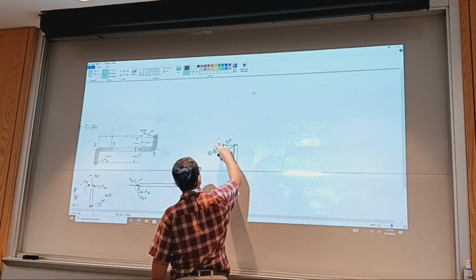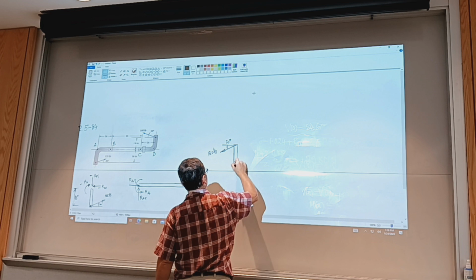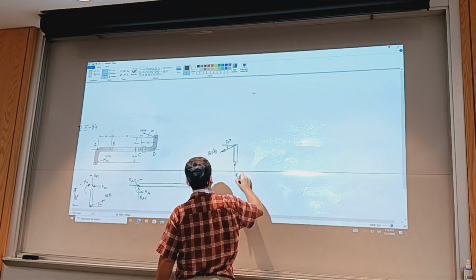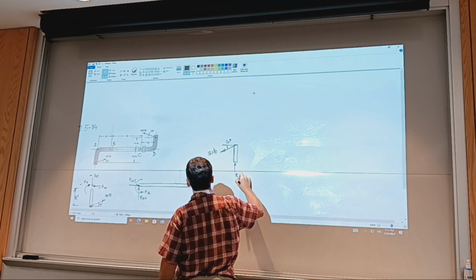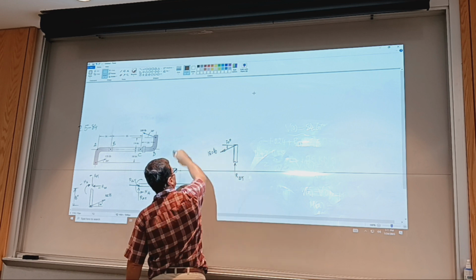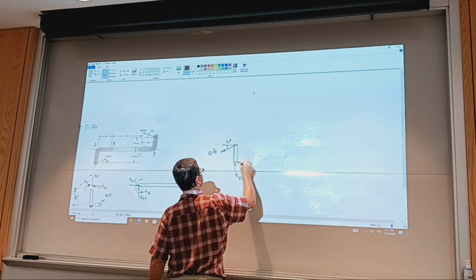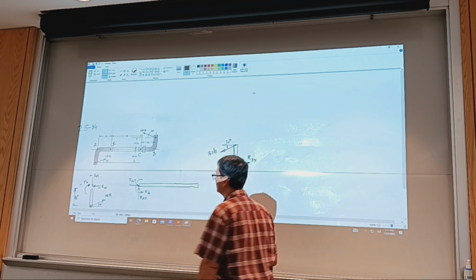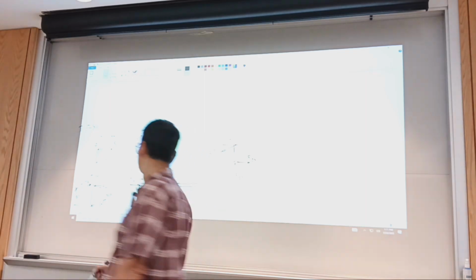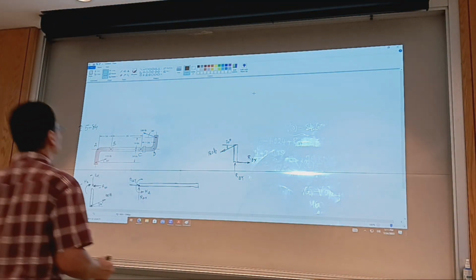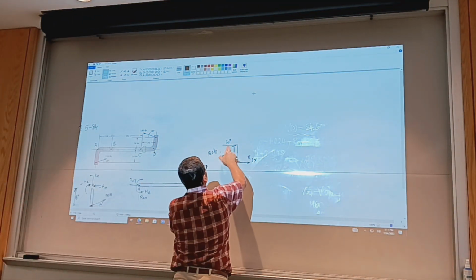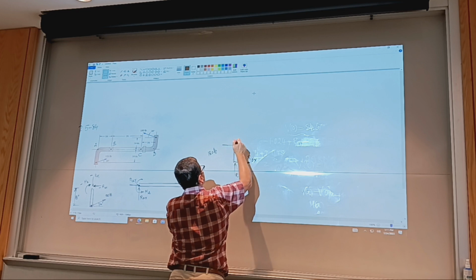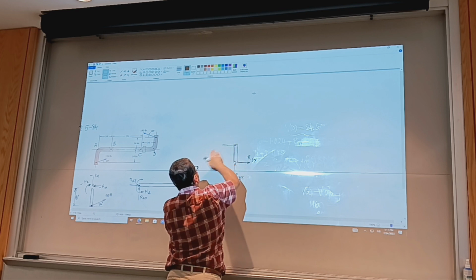And in order to balance, I need to have a force here that's RDY, and then this force has to be balanced by a force that goes horizontal, RDX. 20 degrees the other direction. Oh, it's 20 degrees the other direction. You're right. 20 degrees, no problem. We can account for that.